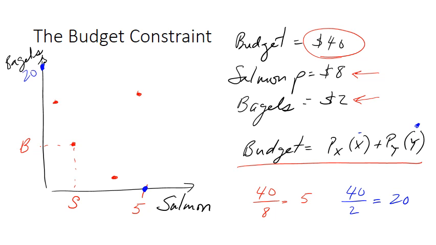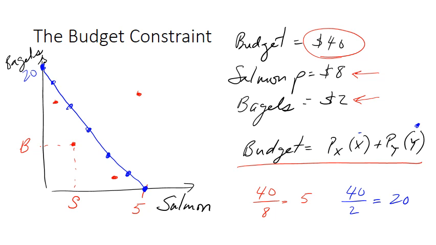And you'd be able to have 20 bagels or 5 salmon. And connect those two together, and you end up with your budget constraint. This isn't quite to scale. It should be steeper than this, but you get the point. Anything that's on your budget constraint is a combination of bagels and salmon that is exhausting your budget. You're spending all of your money, and you can still afford it.